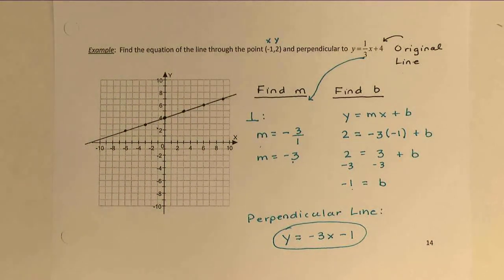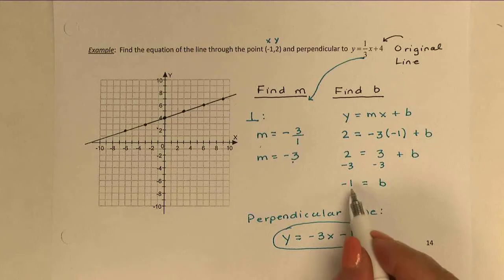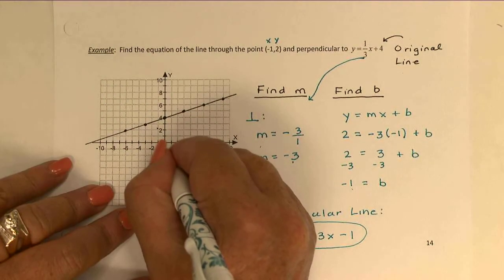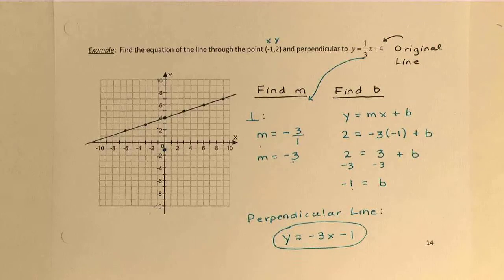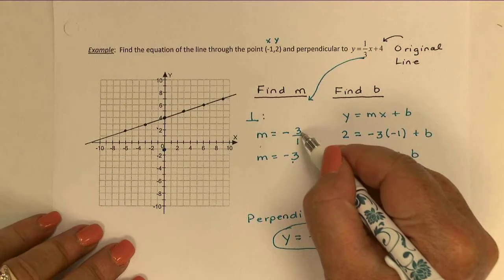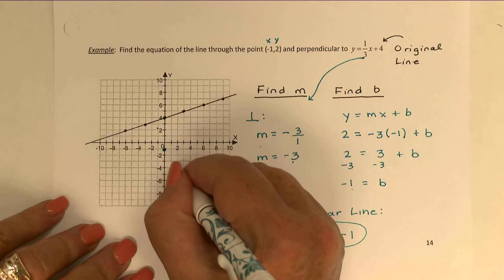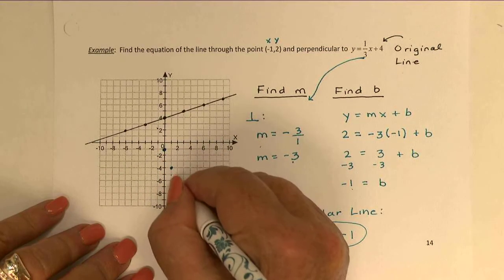We'll go ahead and graph that one as well. I'll start with b equals negative 1, the y-intercept, down here. And then my slope, negative 3, I can go down 3 and to the right 1. And again, I'll do that a couple of times.